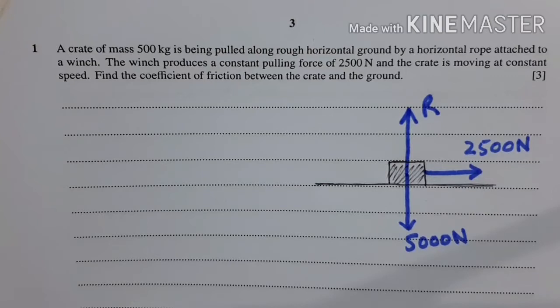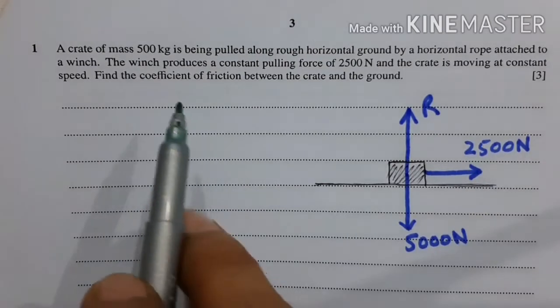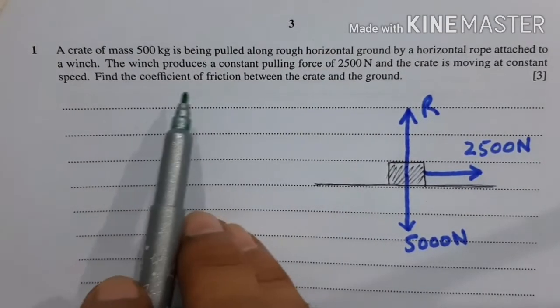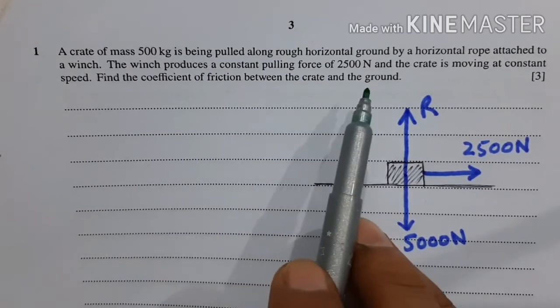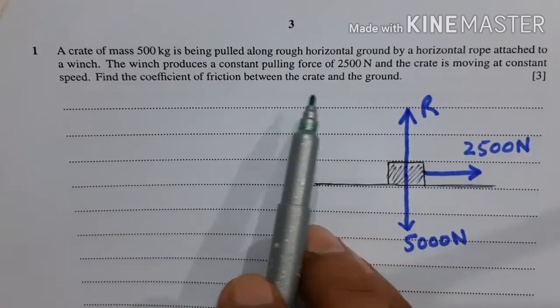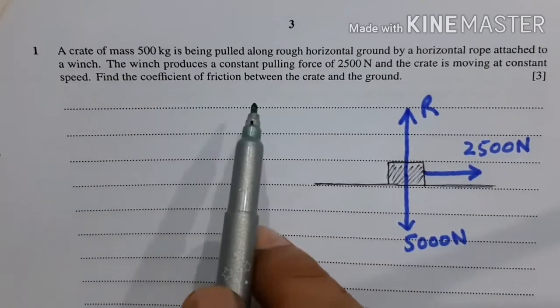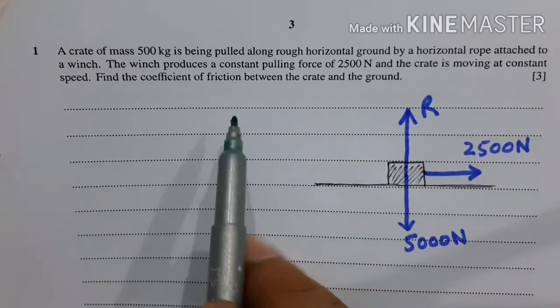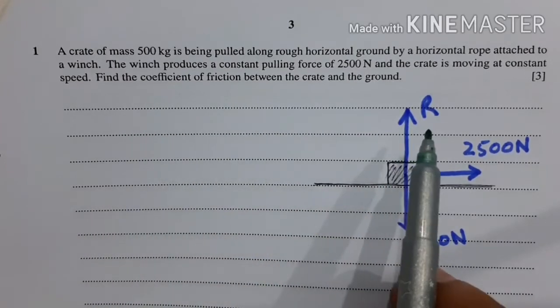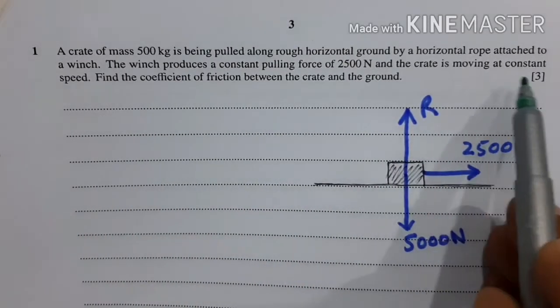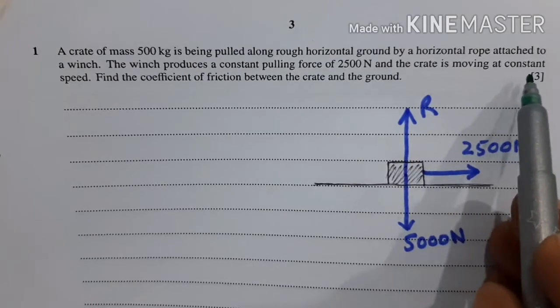Now, since the force is constant, the forward force is equal to the backward resistance force, because the crate is moving with constant speed.